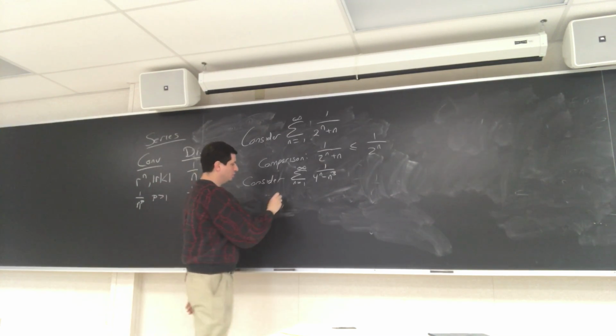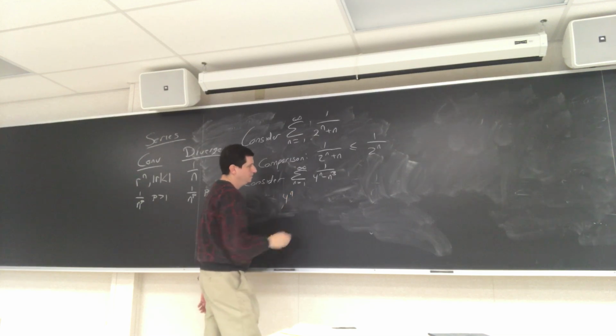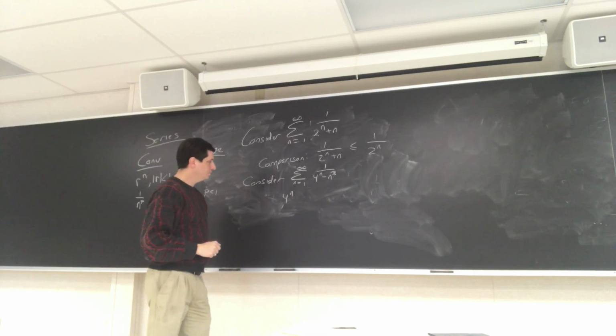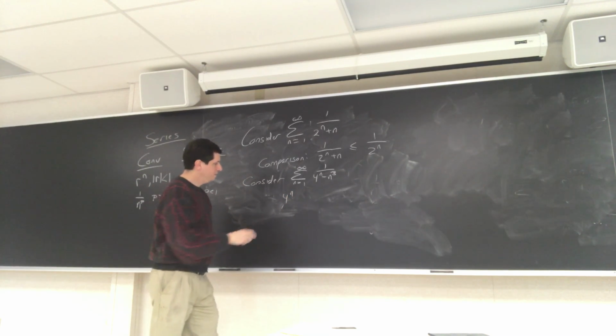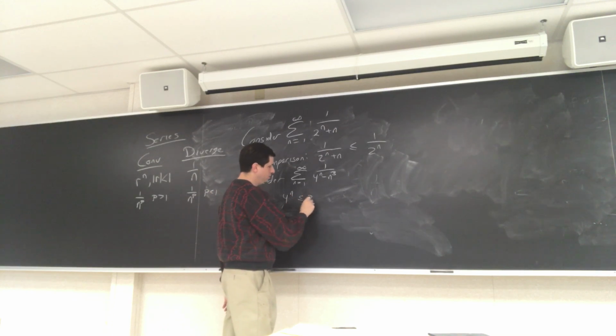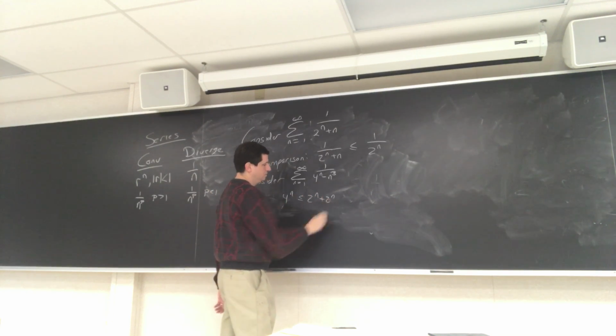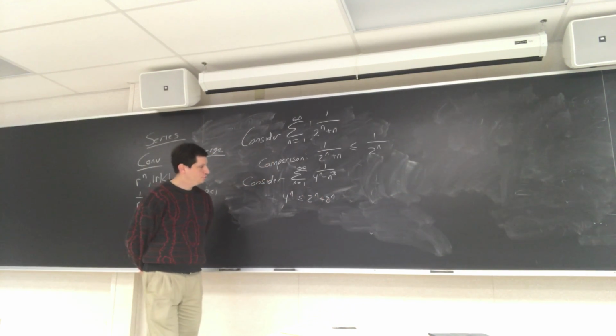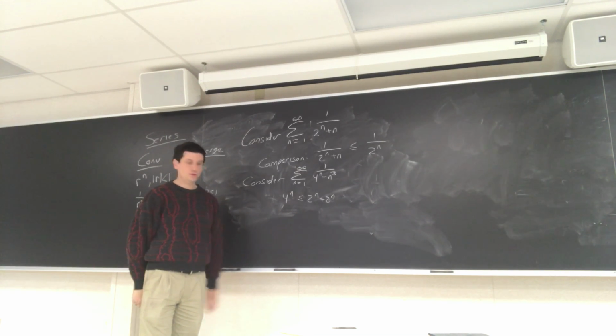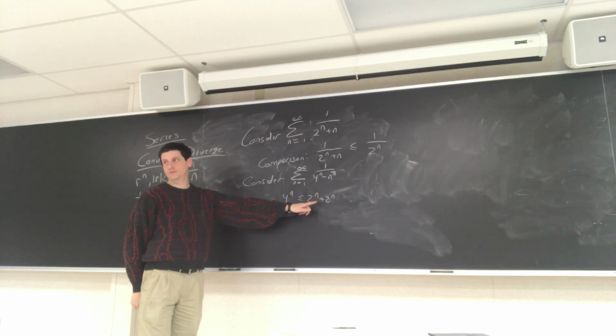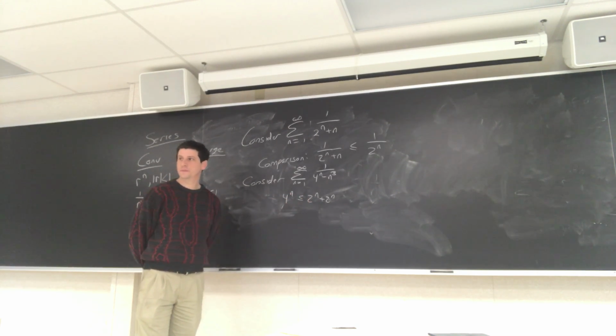One possibility is I can say, look, I can write 4 to the n. This is less than or equal to. Do you agree with that? When n equals 1, you have 4 is less than or equal to 4. When n equals 2, you have 16 is less than 4 plus 4.